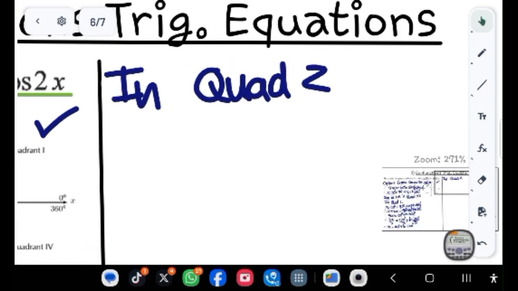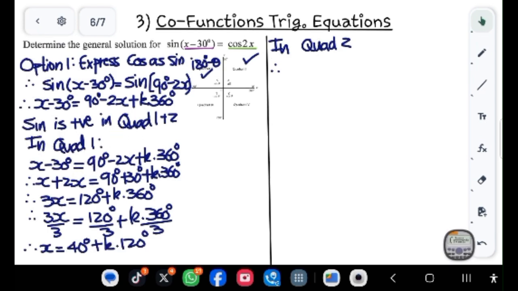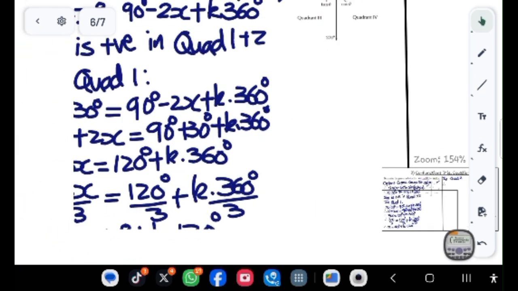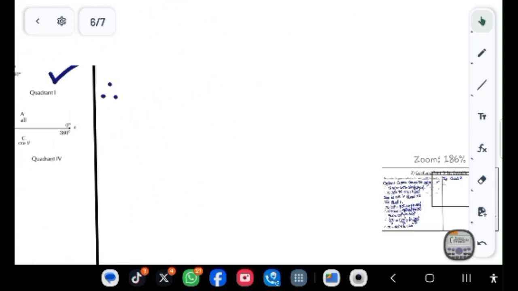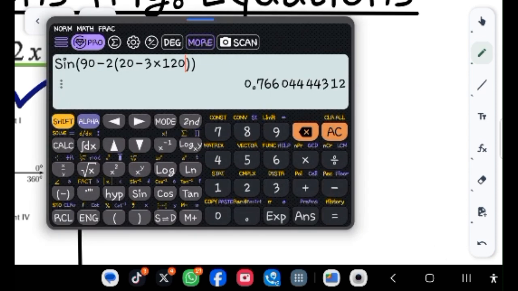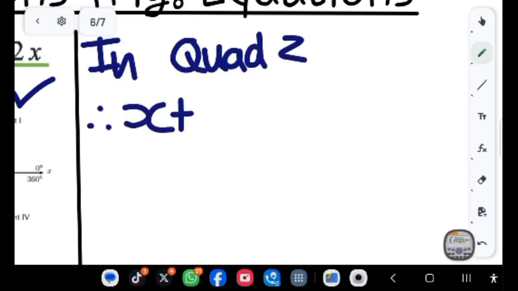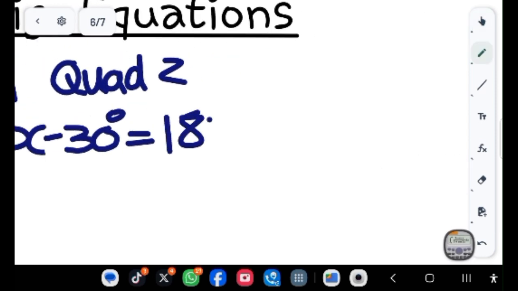So in quadrant 2, we will have the scenario exactly the way it is on the left hand side, x minus 30 degrees. What changes is the right hand side, which is where our reference angle is located. That will be equal to 180 degrees minus that.